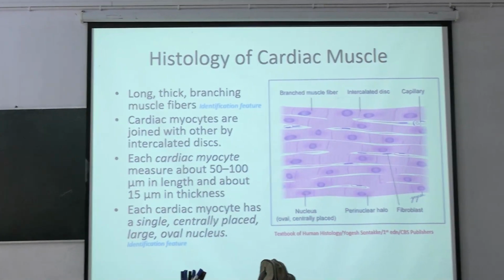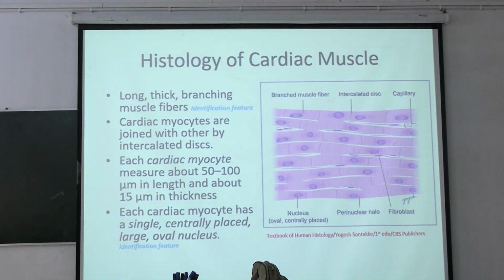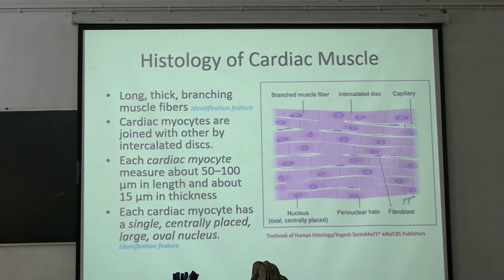Okay? Now what we'll do: see the histology of cardiac muscle, a long, thick, branching muscle. Like this, you can now differentiate the voluntary muscle from the cardiac muscle.